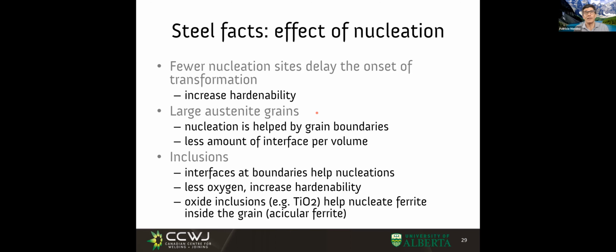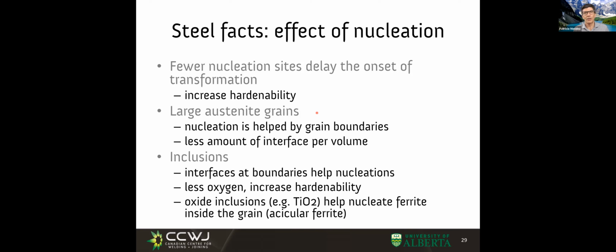If you have few nucleation places, you have few places where the transformation can start, so it starts late, and your chances of ending up with martensite or hard bainite are high, right? So nucleation sites matter. For example, the grain boundaries are a place of nucleation.